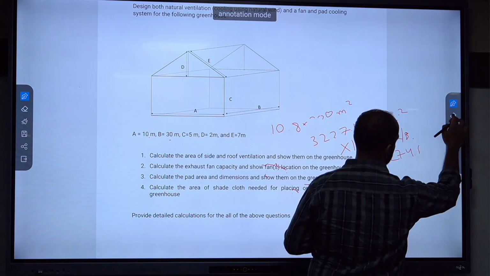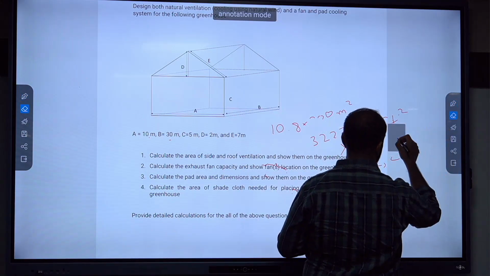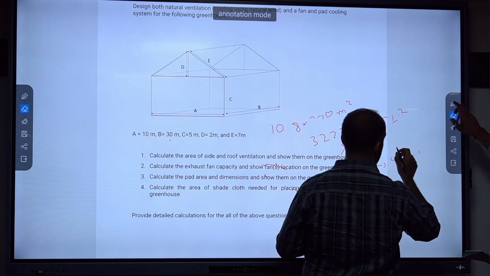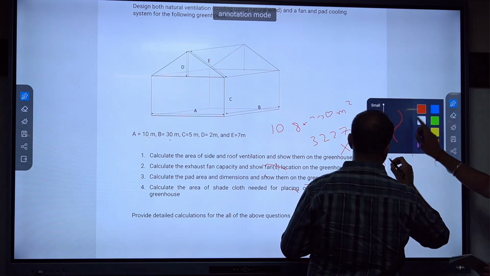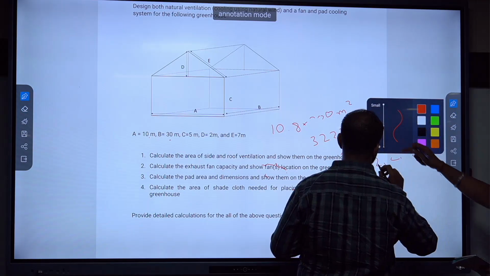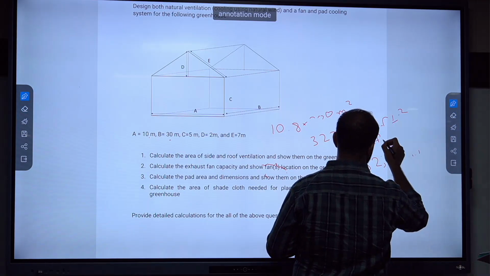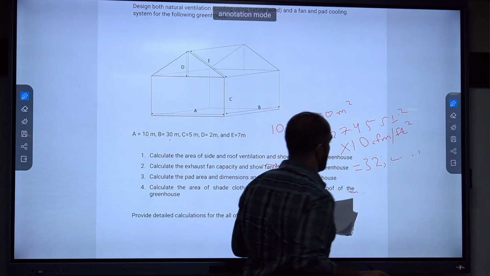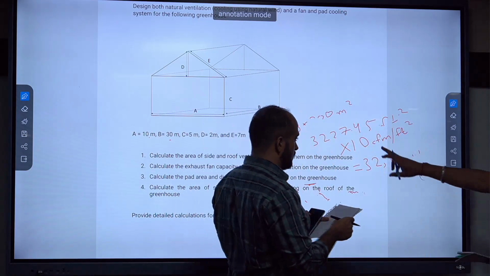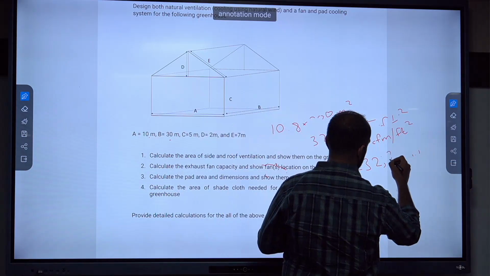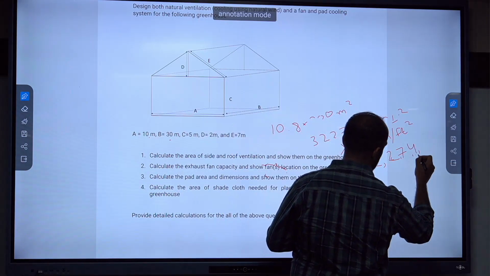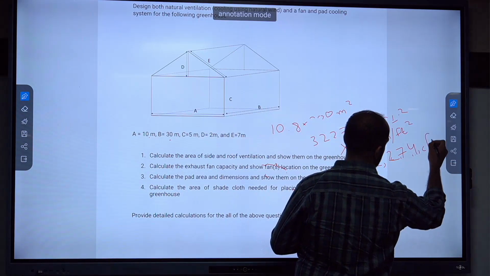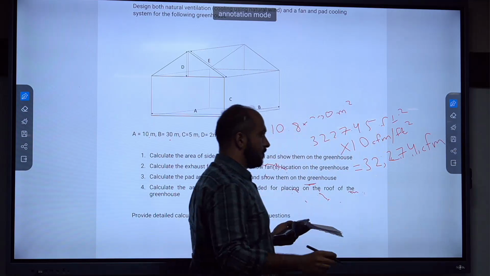I want you to show me also how you got square feet, right? How do you write cubic feet? Feet cubed, ft cubed. Right. So if you multiply, that's the CFM you want.